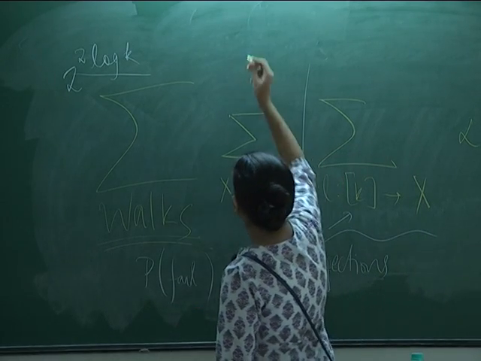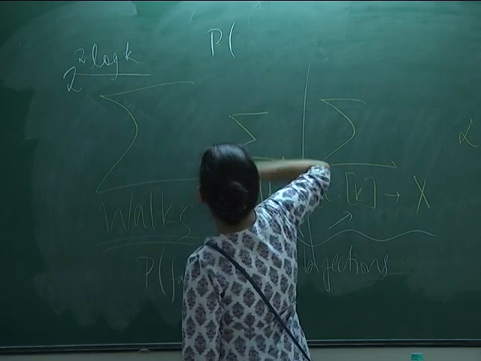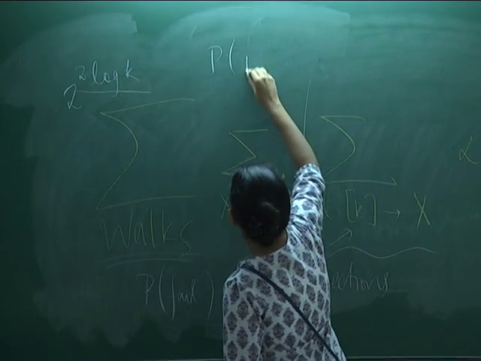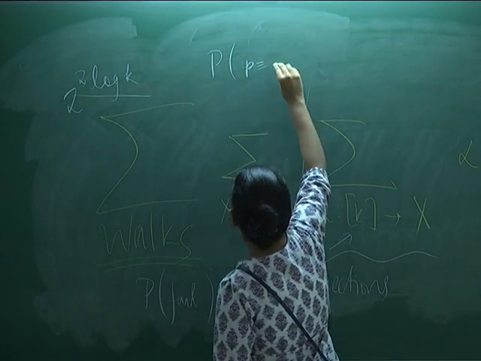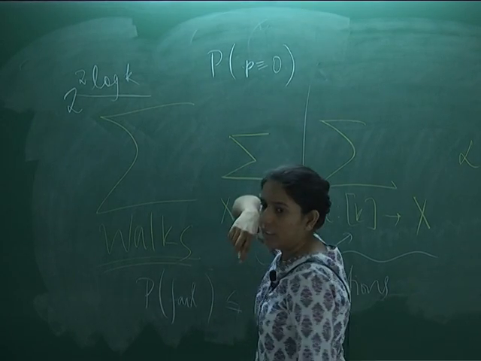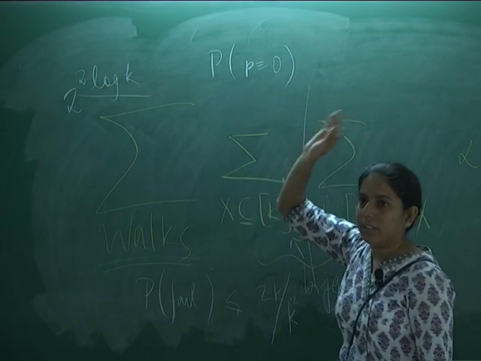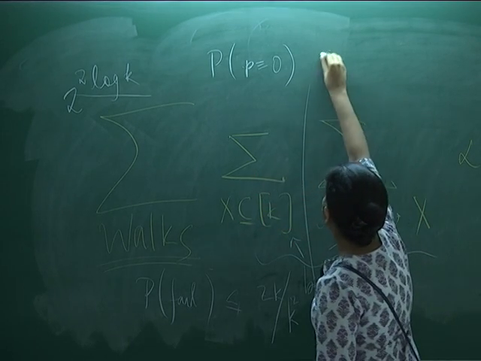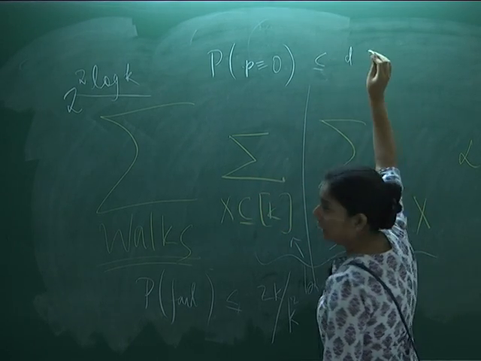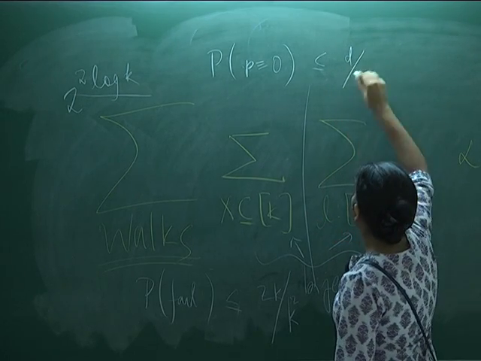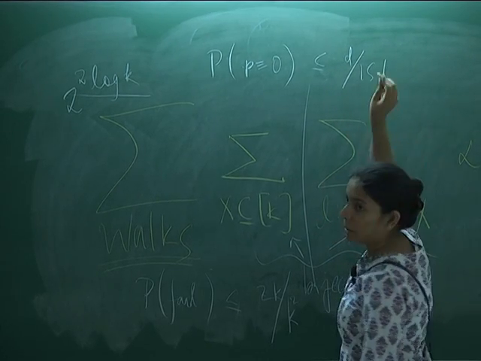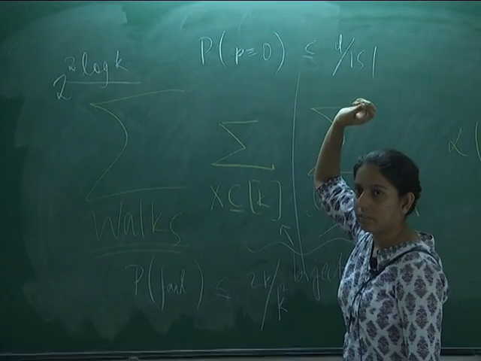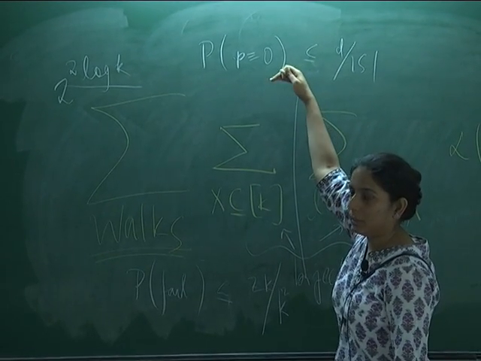The probability that your polynomial evaluates to 0 on a random assignment is at most the degree of the polynomial divided by the size of the field that you're sampling from. That's the statement of the Schwartz-Zippel lemma.